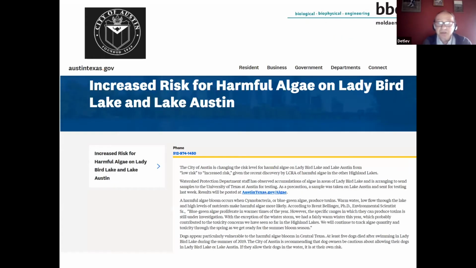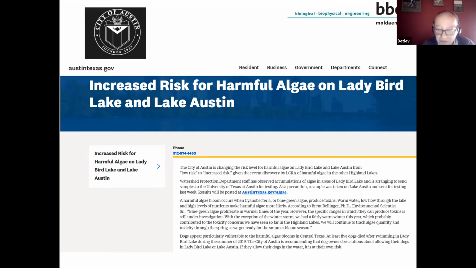Here I want to show you something which I got from a paper around four weeks ago, where they told us something about the harmful effects. It was here in the city of Austin, where they found increased risk for harmful algae on two lakes.